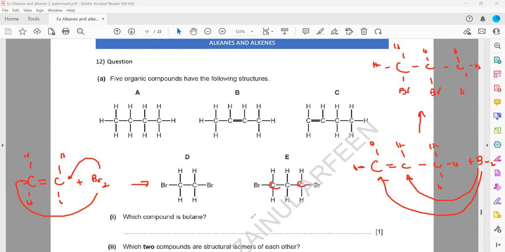That's why we did not write E. It's always the two neighboring carbons which have a double bond that will have bromine added to them. In this case, we had a double bond here, so the two bromines are added to this one.